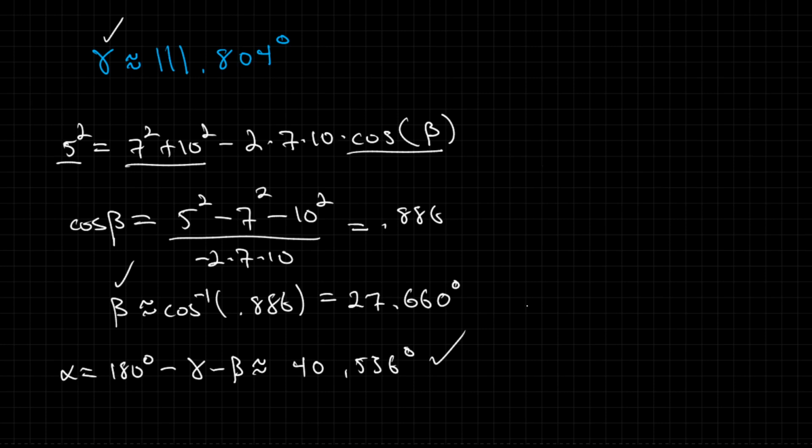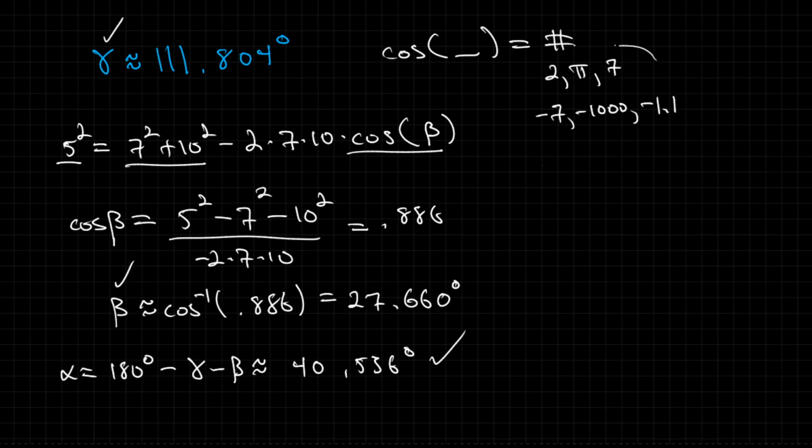Just keep in mind when you're solving side-side-side triangles, if you ever come across an equation which is cosine of something equals, and then you have some number on the right-hand side which is bigger than 1, or smaller than -1, anything like -7, -1000, -1.1. If you're ever trying to solve cosine of something equals to a number like this, you'll get no solutions. And that amounts to that there are no triangles which solve the given parameters of the problem.